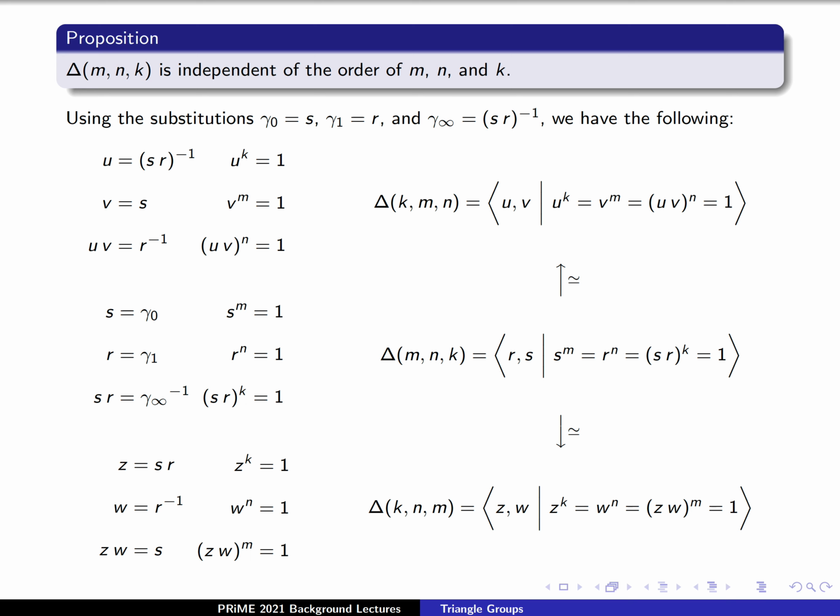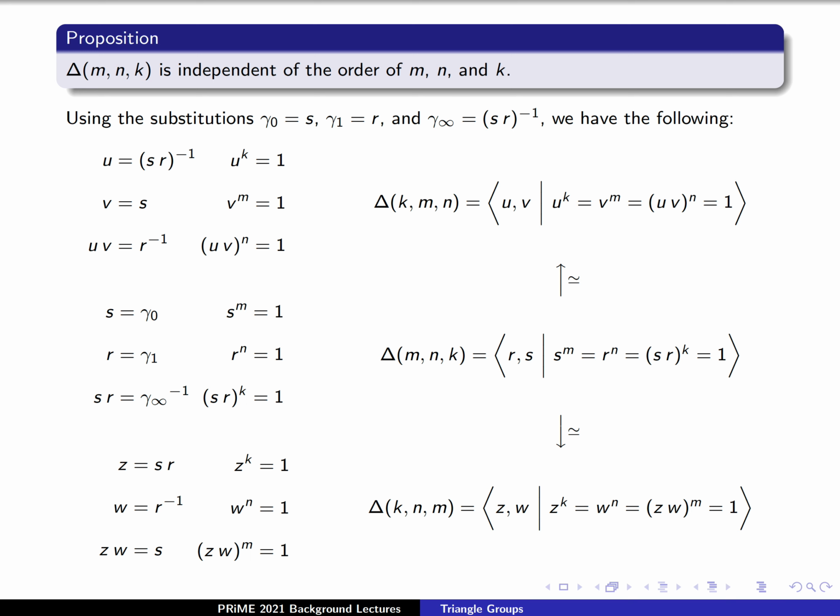We can actually express our generators r and s in terms of 2 new generators that we'll choose. Moving towards the top of the screen, let's introduce 2 new generators, u and v, by writing u as sr inverse, v equals s, so that u times v equals r inverse. In this case, we now see that our group, delta m n k, is actually generated by u and v that satisfy u to the k equals v to the m equals uv to the n equals the identity.